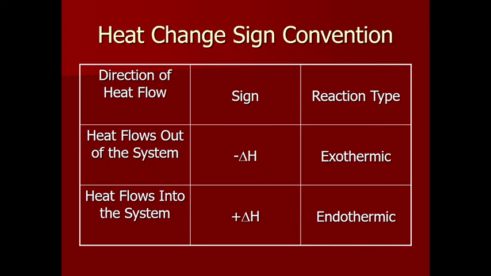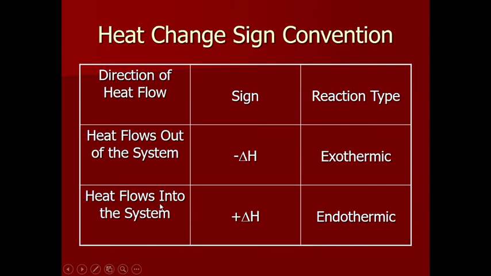Heat change sign convention. Now what is the heat change sign convention? If you focus on the direction of heat flow, when heat flows out of the system, what does it mean? It means that heat is flowing from system to surrounding. Then the sign of delta H must be negative in this case, and the reaction is exothermic.